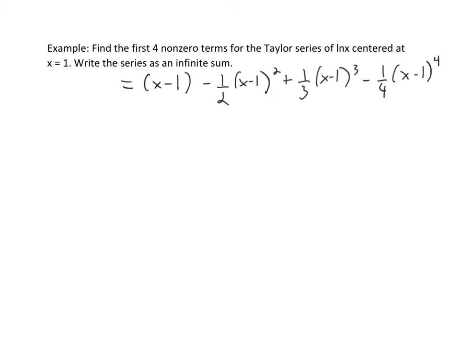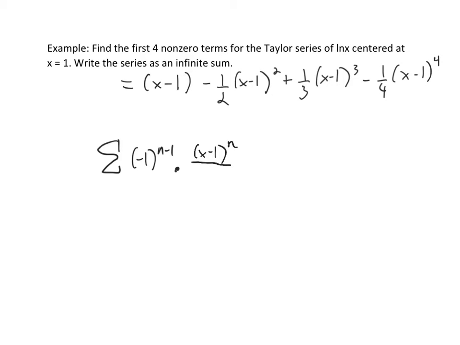So we want to think, how can we write this as some sort of summation? The first thing I note is we're going from positive to negative, and that would continue. So when I'm writing my sum, I'm going to start with negative 1 to the n minus 1, because that would make it alternate. The next thing I notice is the first term is x minus 1, and the next term is (x minus 1) squared, (x minus 1) cubed, and so on. So I know I'm going to have (x minus 1) to the n.